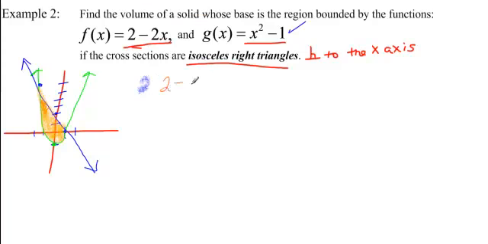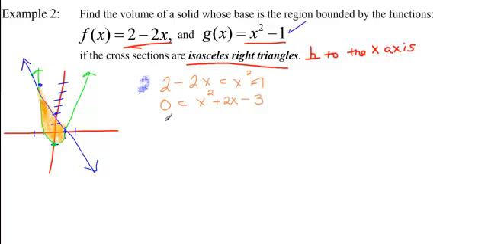2 minus 2x will equal x squared minus 1. And bring everything to one side. I would have 0 is equal to x squared plus 2x and a minus 3, it looks like.